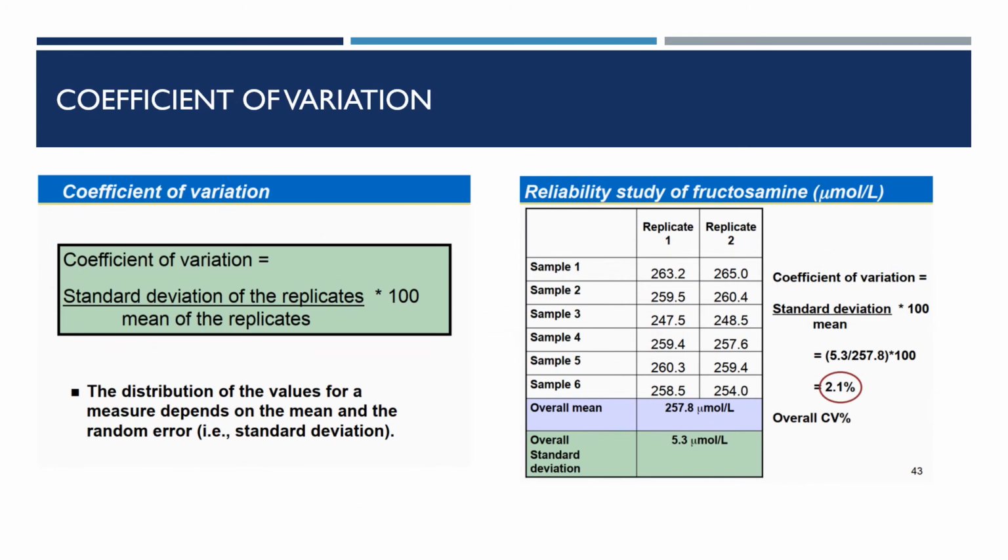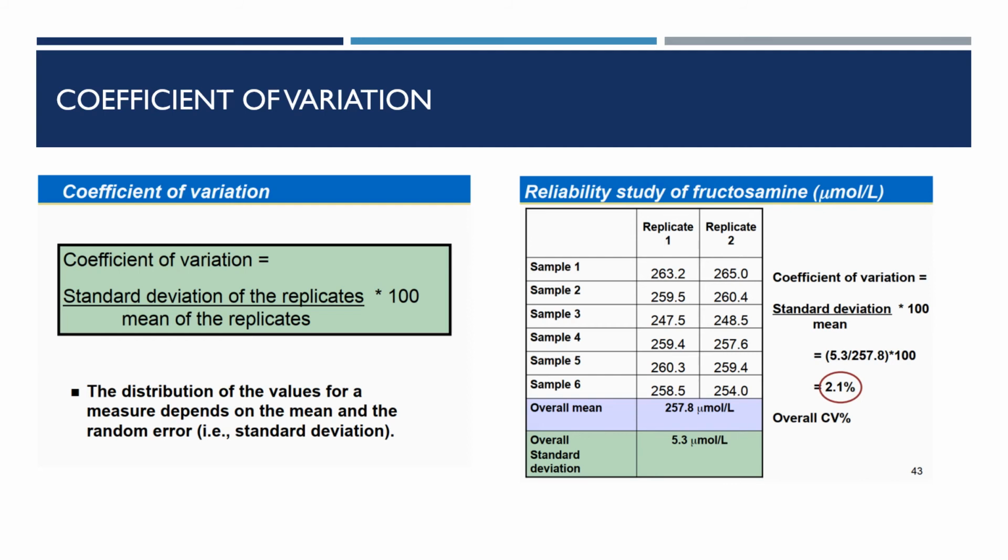The coefficient of variation is only used to assess the reliability of continuous measurements. It is calculated by dividing the standard deviation of replicates by the mean of replicates. It shows how the distribution of values for a measure depends on the mean and the random error.